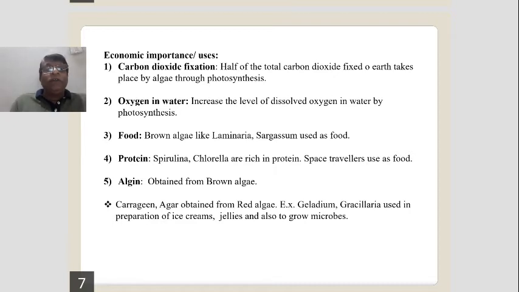Next point, oxygen in water. You know, the water contains oxygen that is in dissolved form. The oxygen level which is present in the water is increased by photosynthesis.